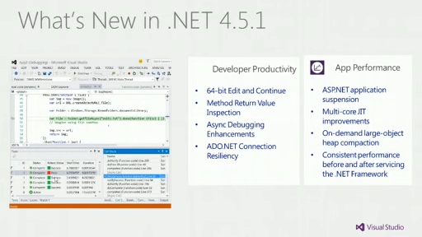Of course, as far as things like application performance, we've made improvements. So things like the multi-core JIT has improved, enabling us to run a bit faster in that instance. And ASP.NET application suspension enables applications to start up faster as well. We've had feedback from a subset of our customers who are making good use of the large object heap that it was really hard, or not possible, to compact it in those instances.